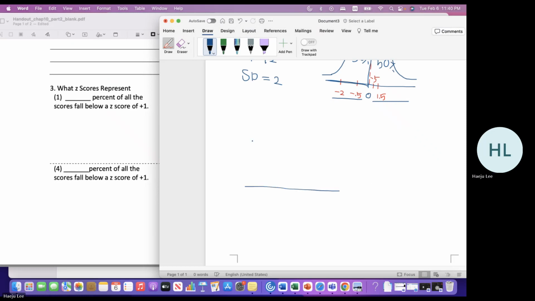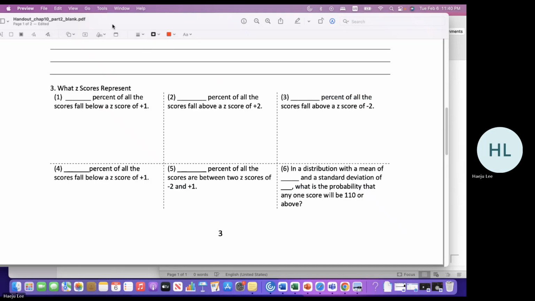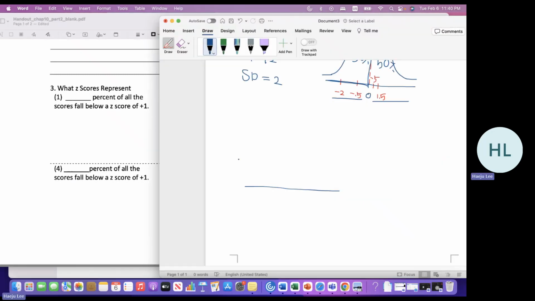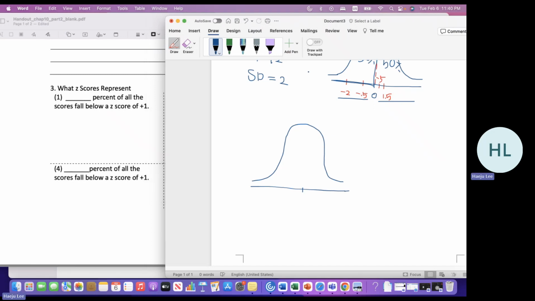That means if we want to know the percent of the scores, as the first step, we need to draw the G distribution and find the area we want to know.